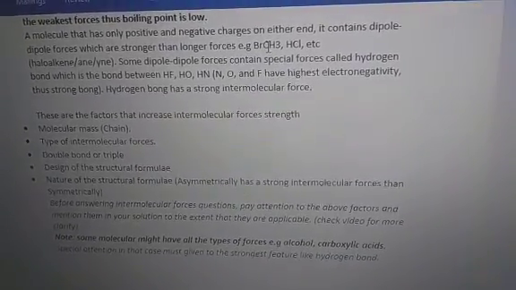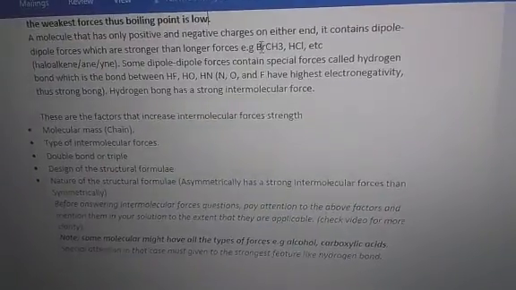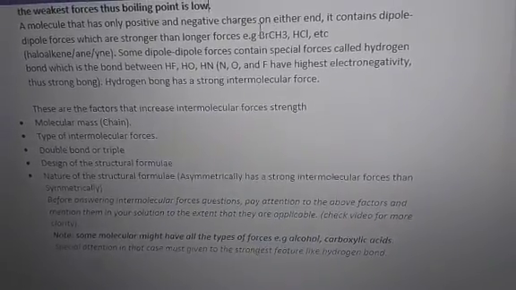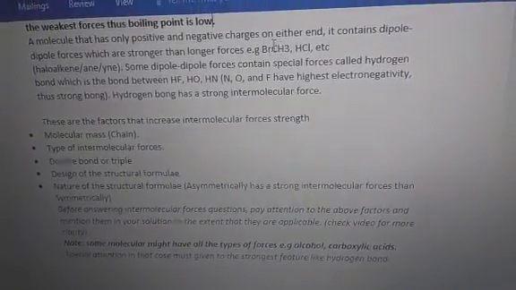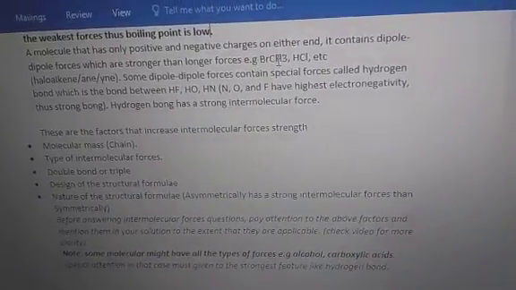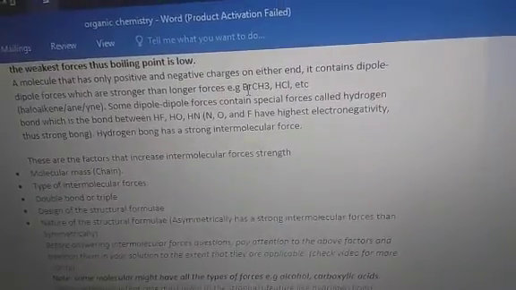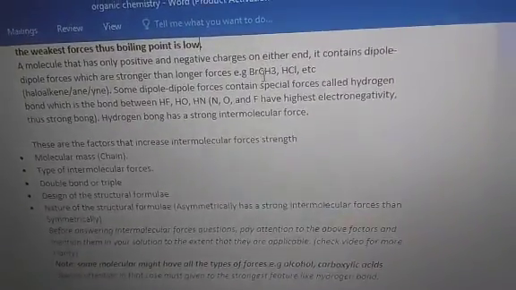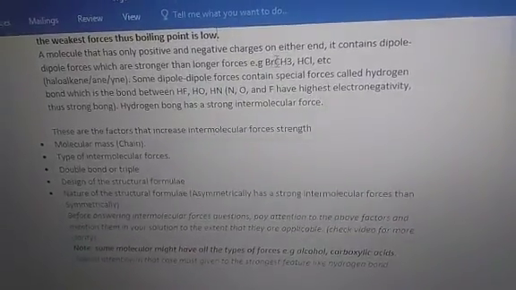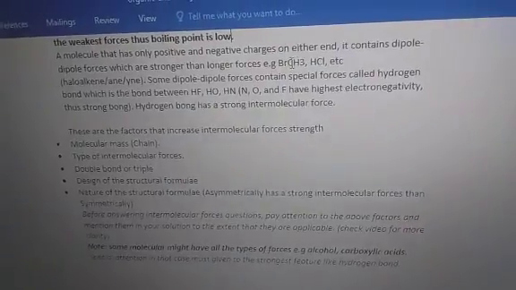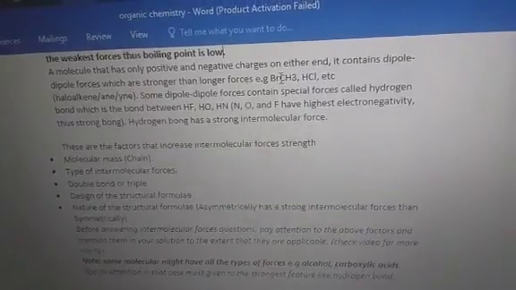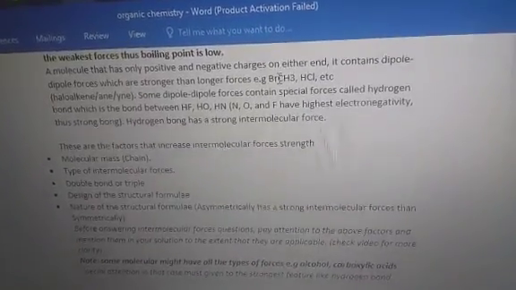If you compare methane and this compound, methane has around the carbon only hydrogens, so it's symmetrical. But this compound has hydrogens and bromine, so it's not symmetrical, it's asymmetrical. Therefore, this one should have higher intermolecular forces, thus a higher boiling point.